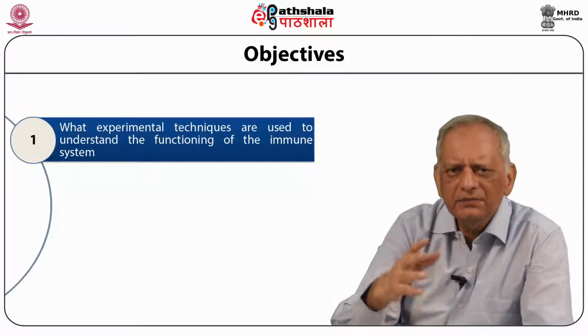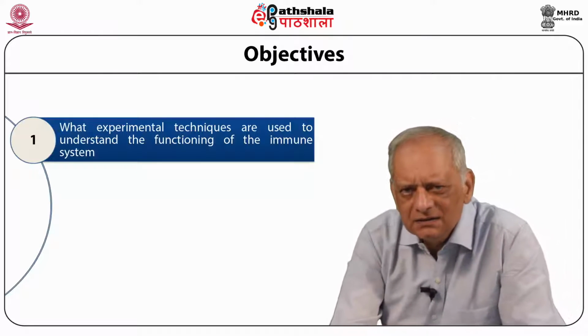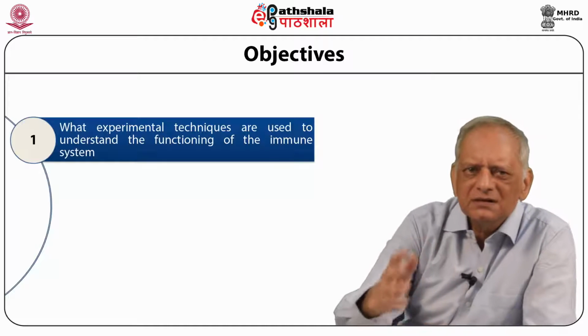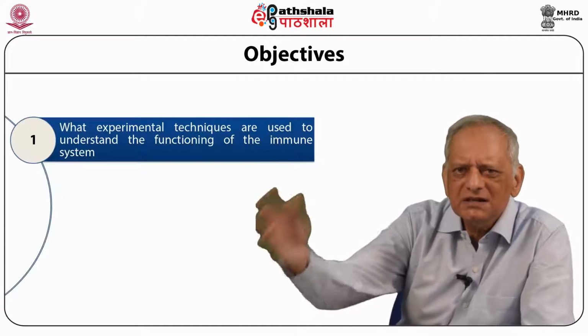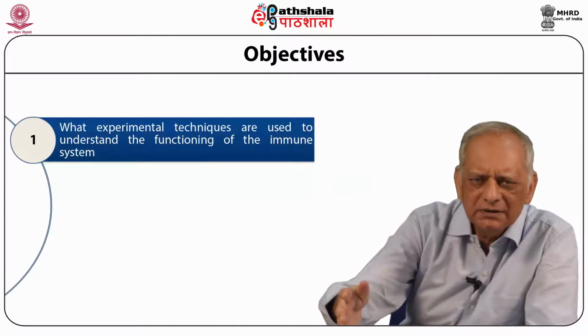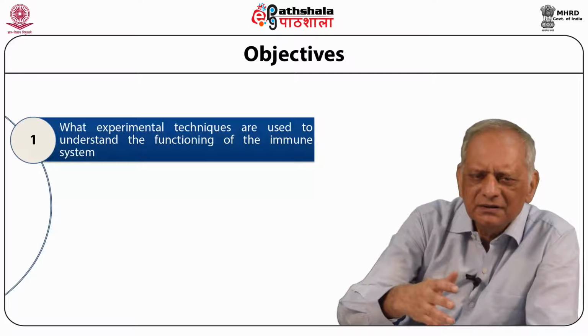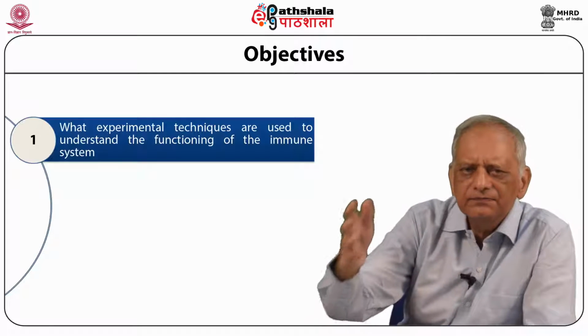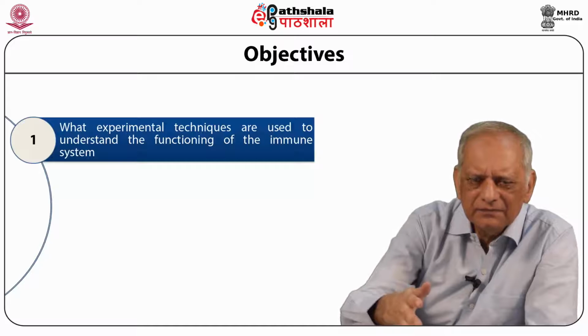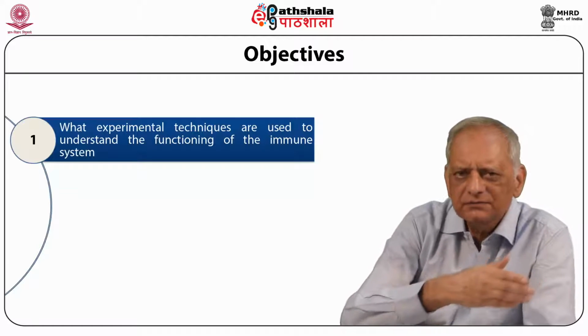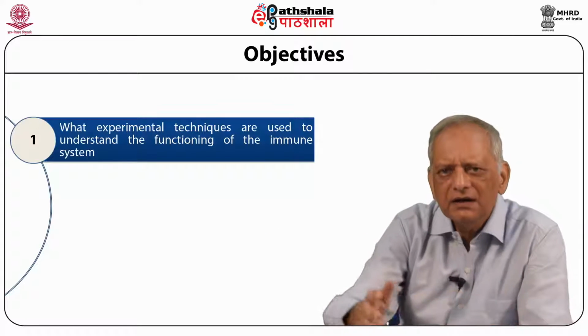By now we begin to get this idea that the immune system consists of a variety of cells and molecules, and they function at various places in the body. Some are localized, some are roaming around in the body.